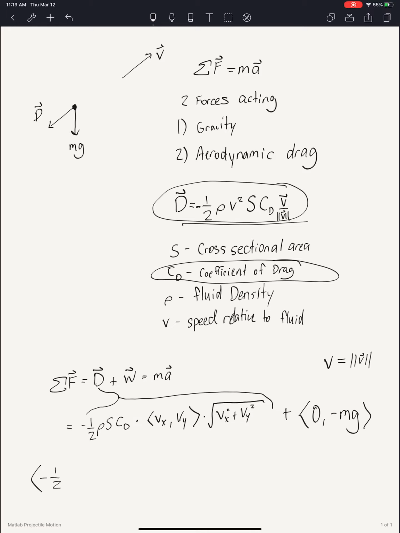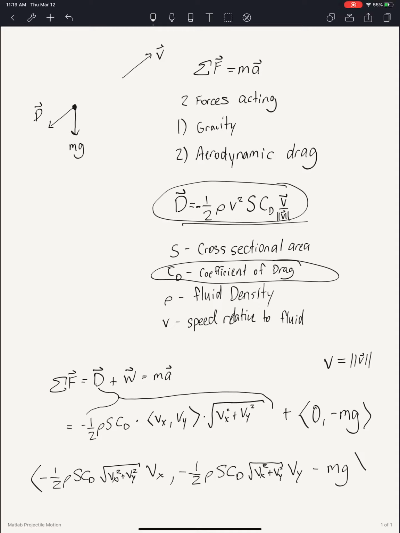Negative 1/2 rho SCD root Vx squared plus Vy squared times Vx, comma, negative 1/2 rho SCD square root of Vx squared plus Vy squared times Vy minus mg.